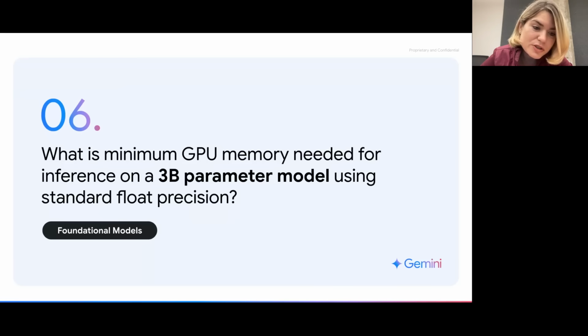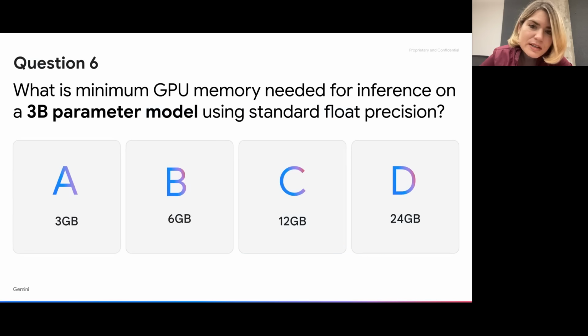And final question, and I will say this is a tough one. You'll have to have been reading very, very carefully the white papers and all of your homework assignments. What is the minimum GPU memory needed for inference on a 3 billion parameter model using standard float precision? Is it value A, 3 gigabytes, value B, 6 gigabytes, value C, 12 gigabytes, or value D, 24 gigabytes?